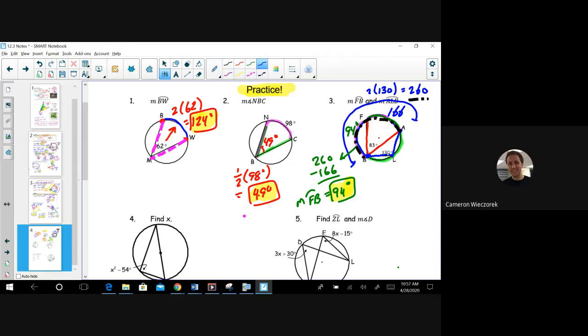And the whole circle has 360 degrees. I've already used up 260 for the black arc. So arc ALB is just going to be 360 minus the 260-degree arc that I already had. So that's going to leave me with 100 degrees. Okay, so the green arc is 100.